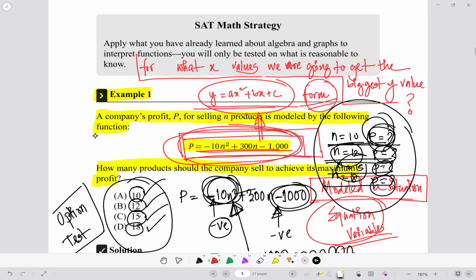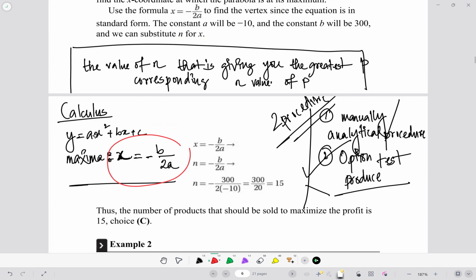To answer this question, the answer is x equals negative b by 2a.